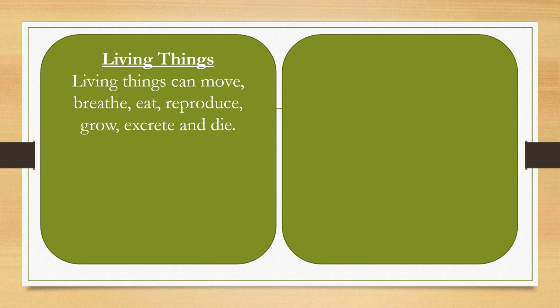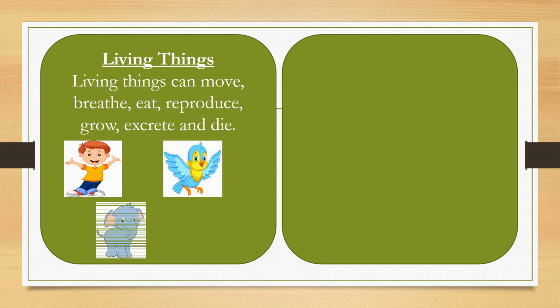They can breathe. They can eat. They can reproduce. They can grow, excrete and die. Some examples are human being, birds, animals, plants and trees.